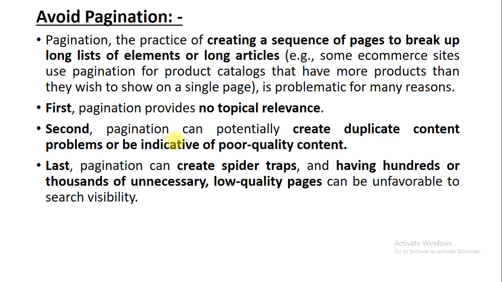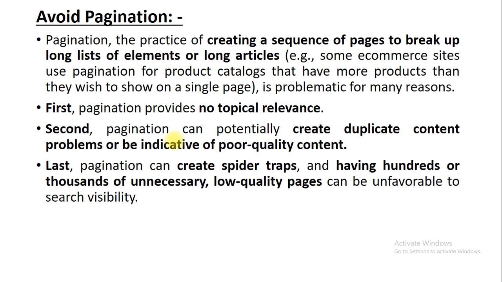Number one, you can use pagination where you do not have any topical relevance. That means the keyword is different and your content is different. At that time you can use the concept of pagination.